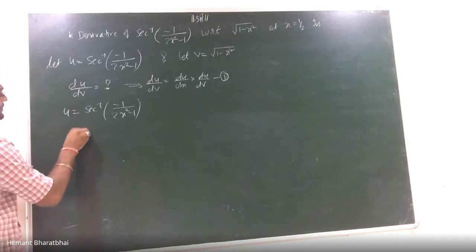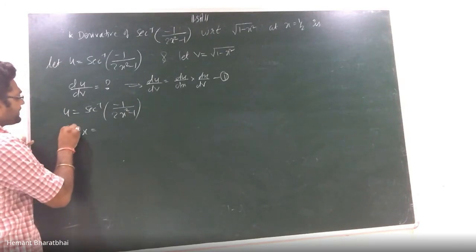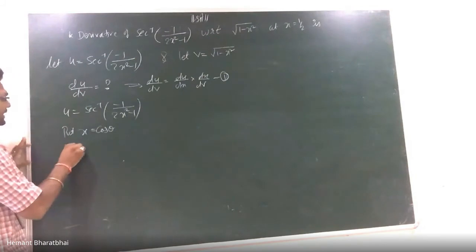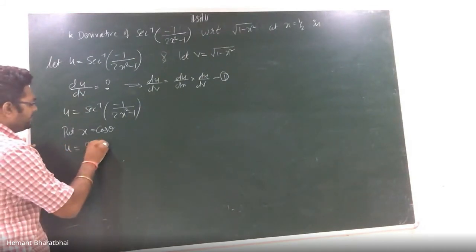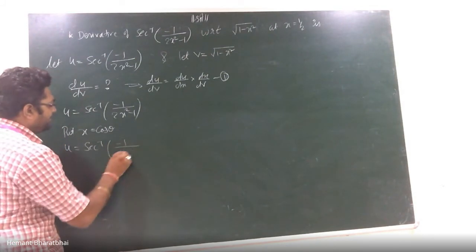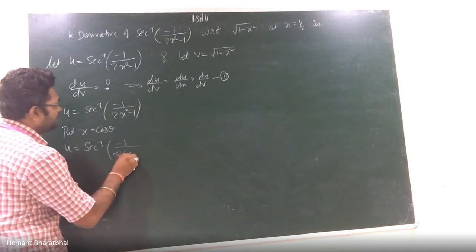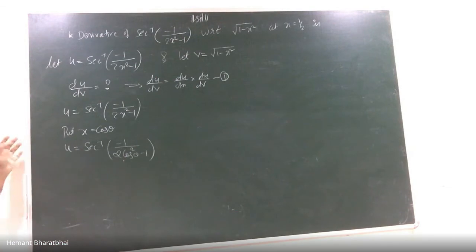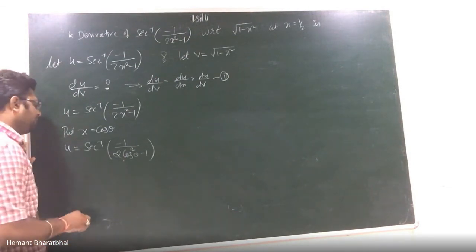Therefore, I will put x is equals to cos theta. Therefore, I get u is equals to sec inverse of minus 1 upon 2 cos square theta minus 1. So we have this formula: cos 2 theta is nothing but 2 cos square theta minus 1.